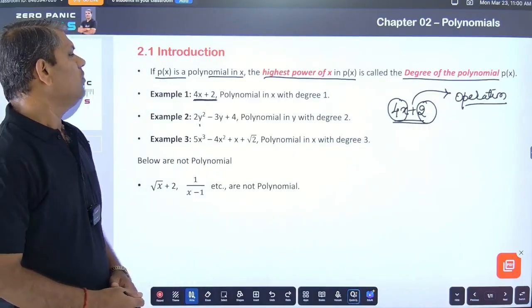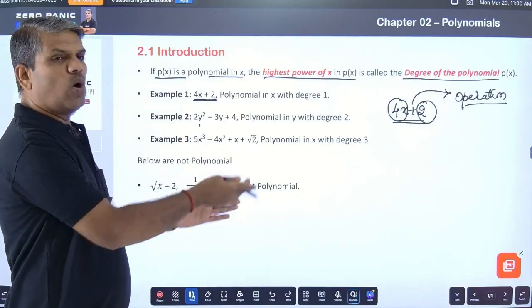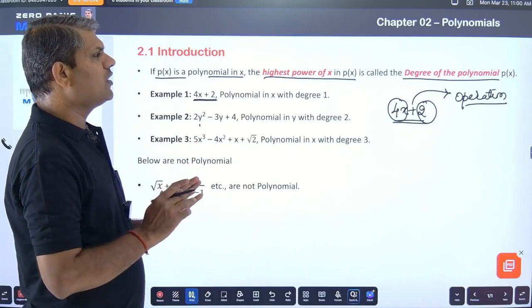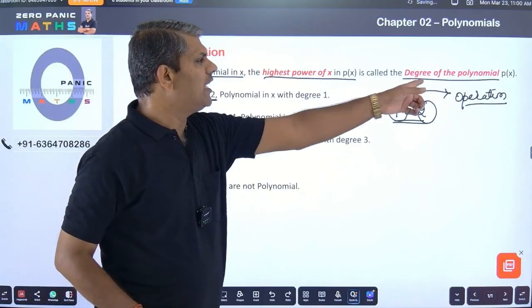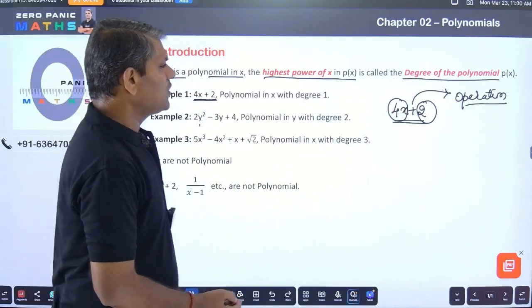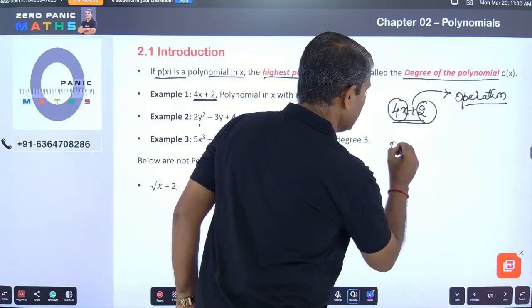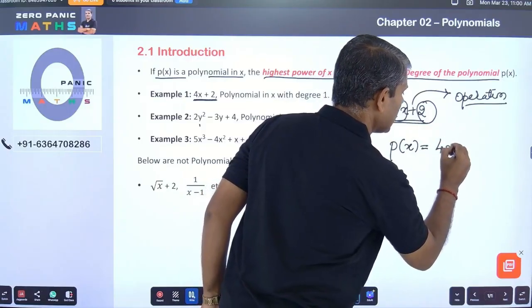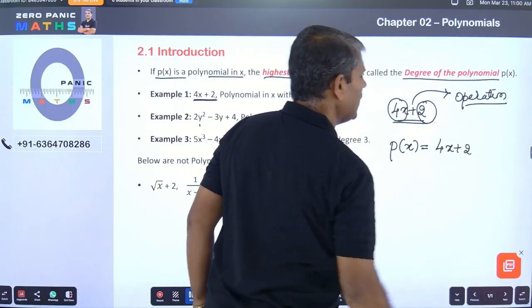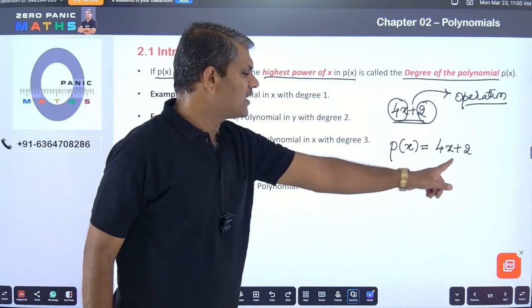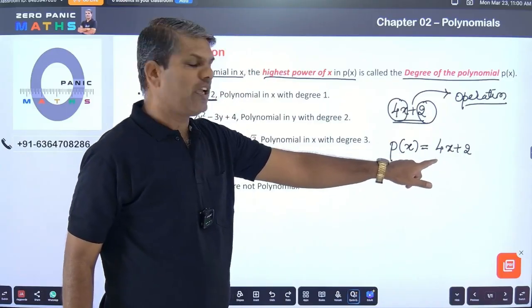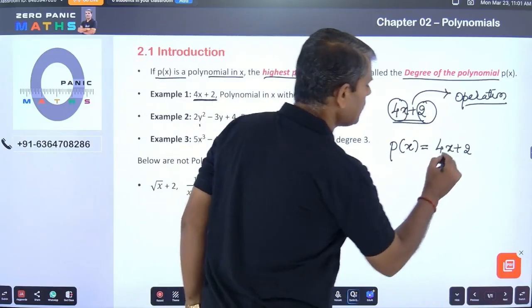That is a more in-depth discussion on the polynomial, but what we have to understand here is what the degree of a polynomial is. Suppose p of x is a polynomial in x, and we take the example 4x plus 2. What is the highest power of x in this polynomial?